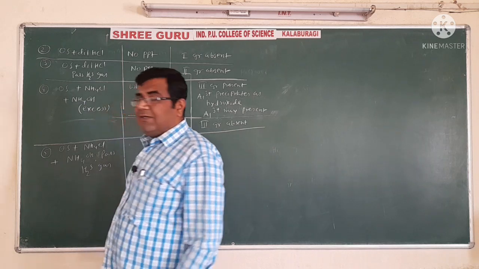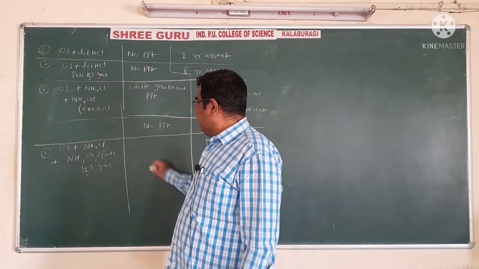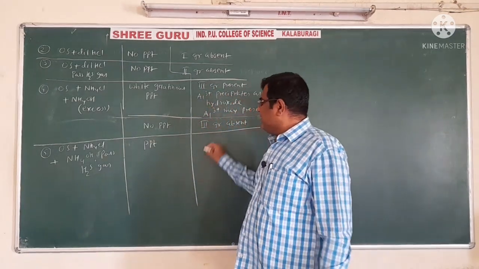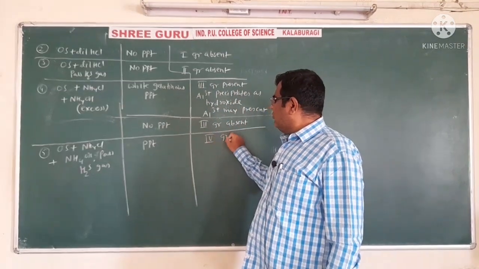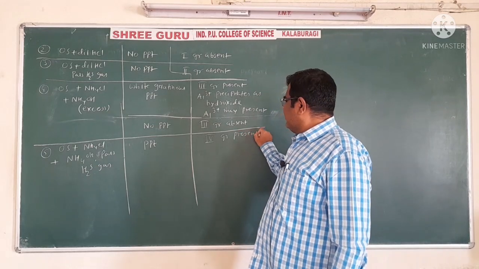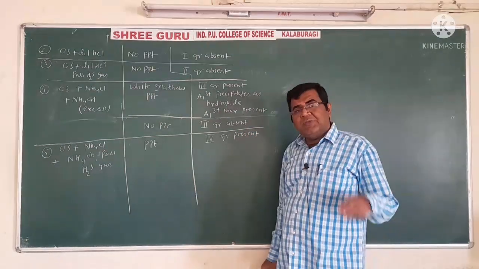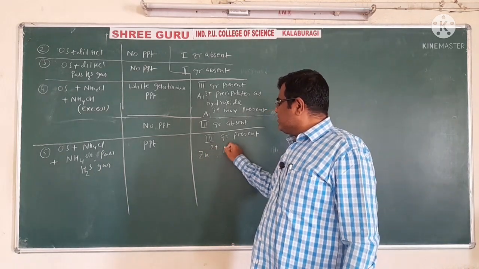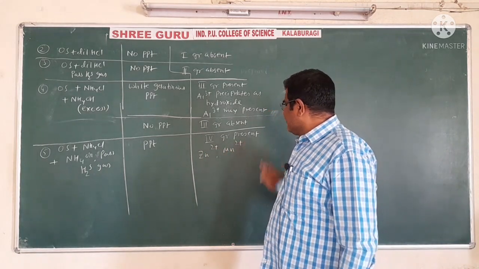We have to pass the H2S gas into it. Then there will be PPT. If there is PPT, we have to write that fourth group present. Fourth group present. And in fourth group there are two radicals. One is zinc dipositive, another is manganese dipositive.